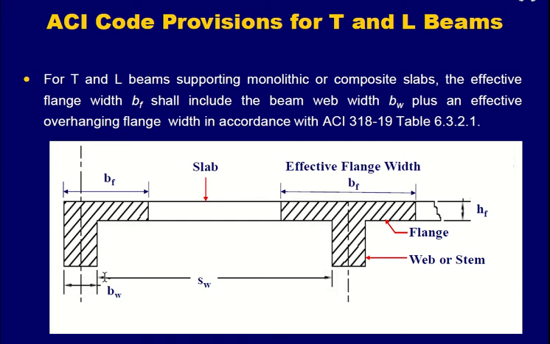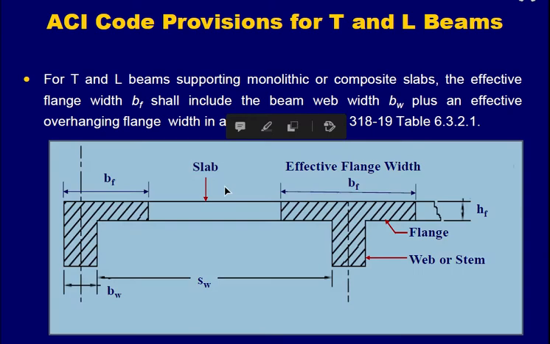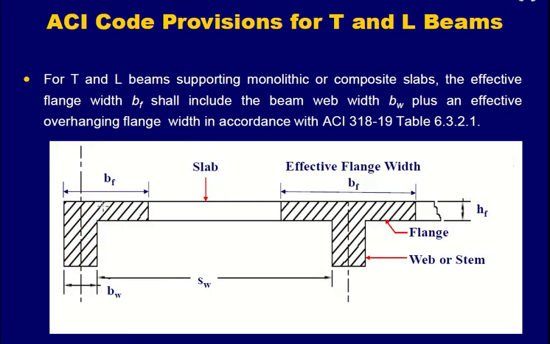The distance between the webs or the stems is termed as SW. Okay, it is a clear distance and not center to center distance. Please keep in mind that this is basically slab, right? And we are taking a part of slab as a beam, and we are calling it as a flange. Okay, you should keep in mind.